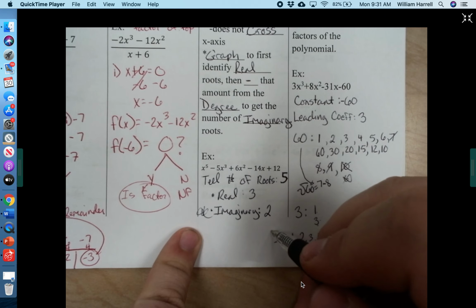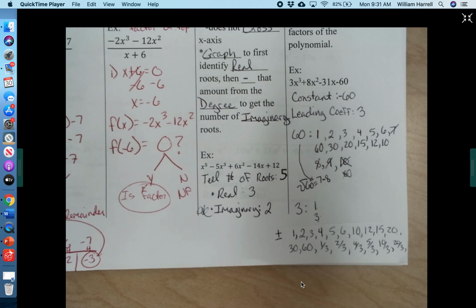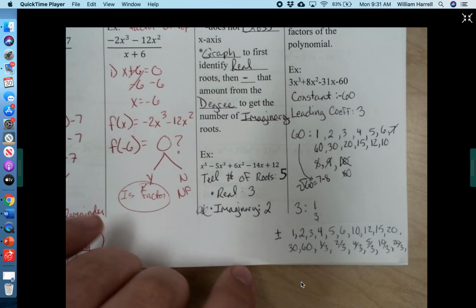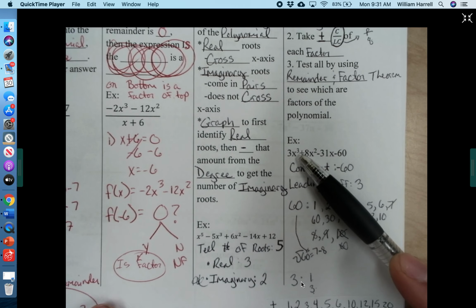So this right here is my answer for rational root theorem. Identify every possible rational root for this polynomial. And again, all of these are just possibilities. There's no guarantee they're going to work. Again, we then use the fundamental theorem of algebra. What that's going to do is tell us there's going to be no more than 3 solutions.